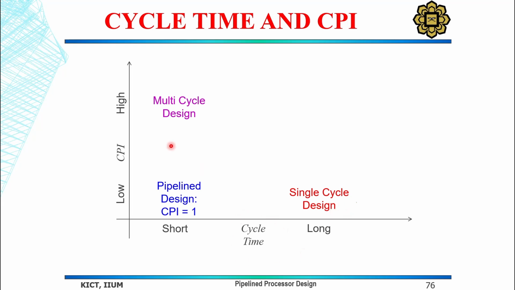For the multi-cycle design, the CPI is higher, because each instruction might take multiple cycles to complete, and its cycle time is short. But the pipeline design covers the deficiency of both these designs. Its cycle time is shorter and its CPI is also lower. So pipeline design is better compared with the single cycle and multi-cycle designs.